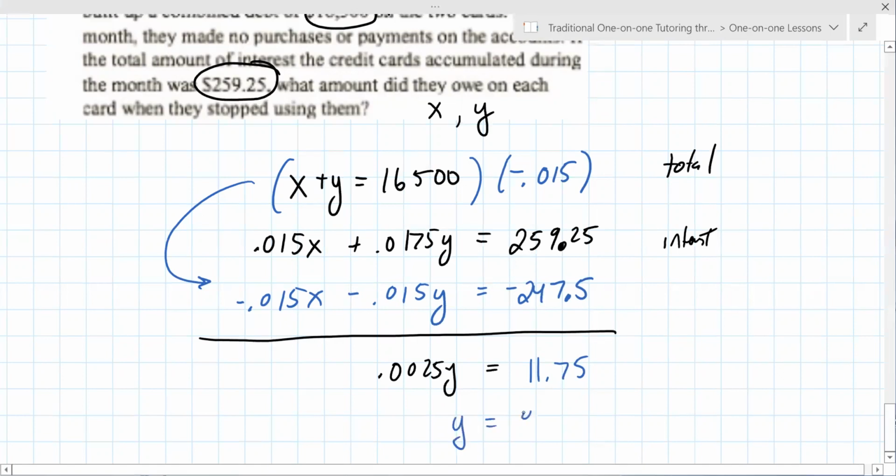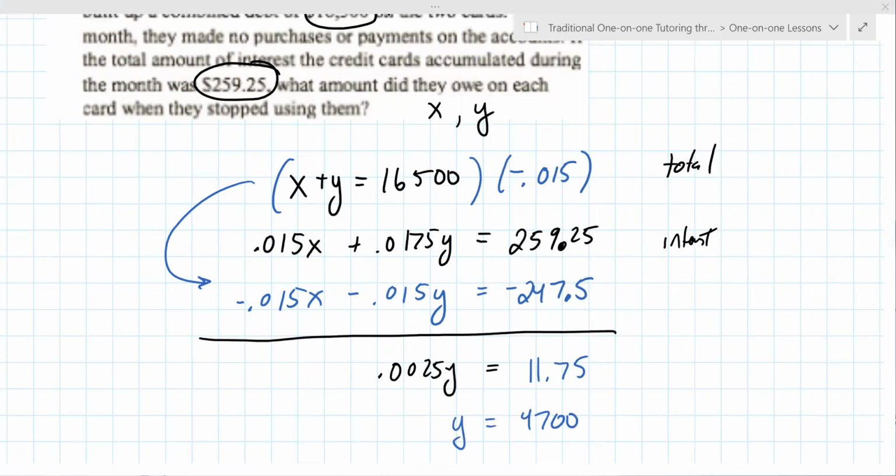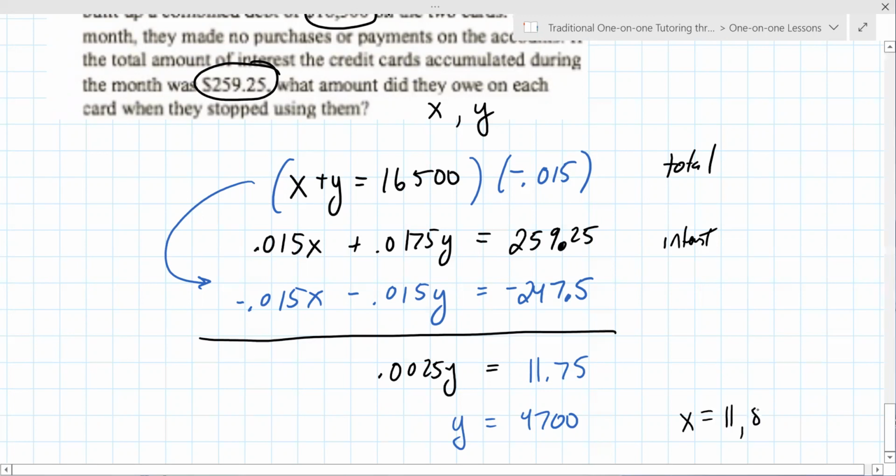And then give me the X value. X equals 11,800. Very good.